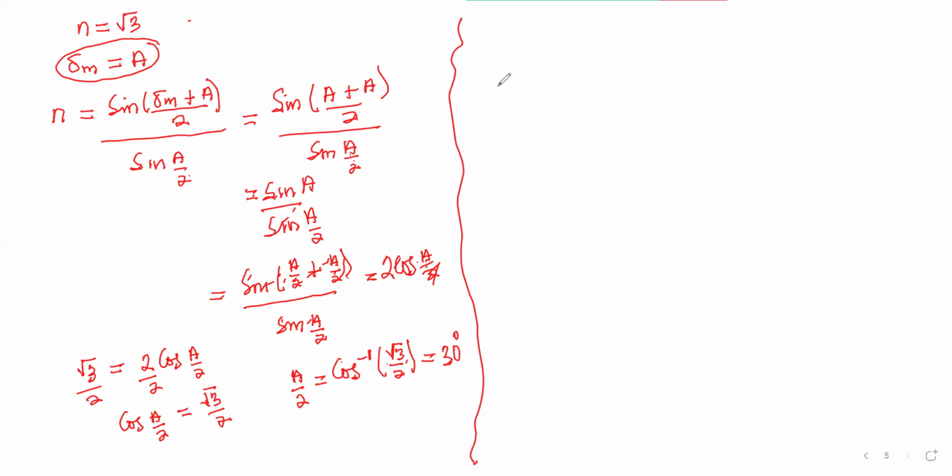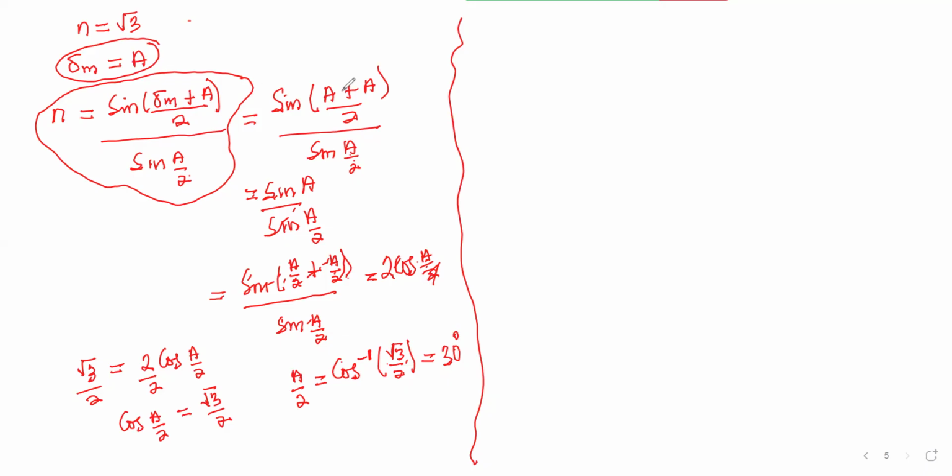So the next thing is that you must be able to identify whether the question is at the minimum deviation or not. If it's at the minimum deviation, then use this equation for finding the refractive index. Then substitute, since minimum deviation is equal to A, substitute A for the minimum deviation in the formula.